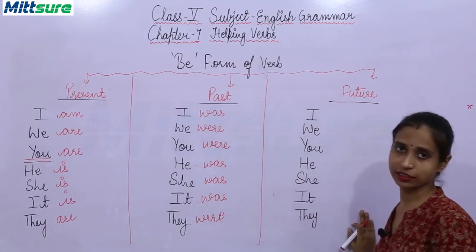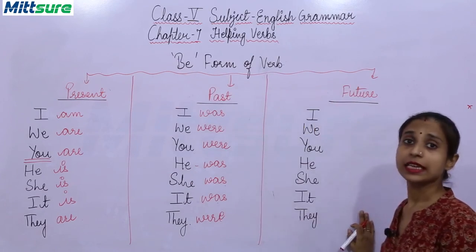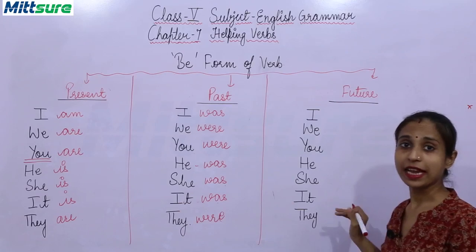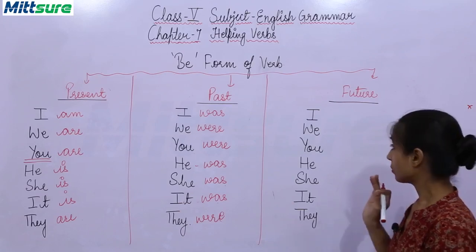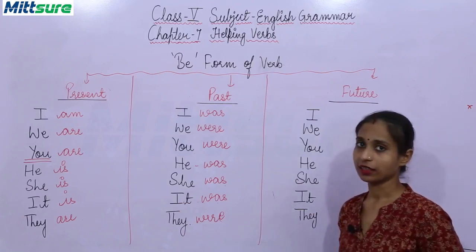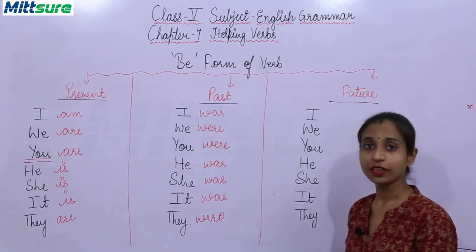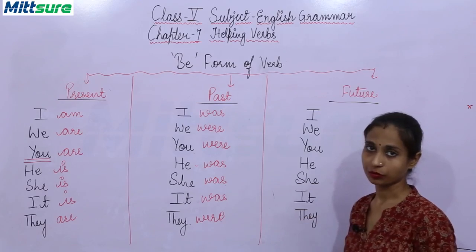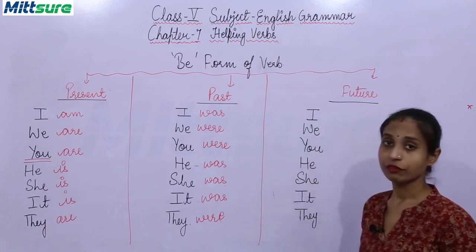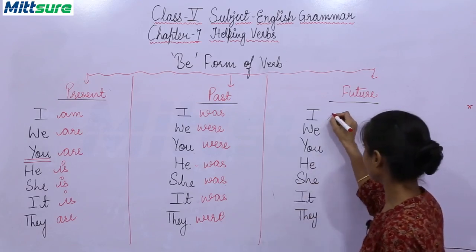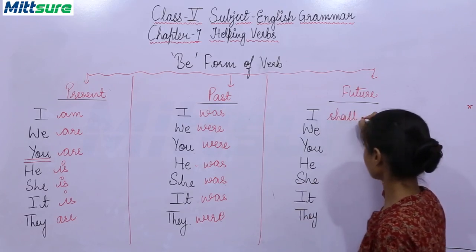Coming to future tense. Future tense is the same, will be and shall be. Again understand, there are few rules for using will be and shall be for future tense also. With I, we always use shall. I shall be.